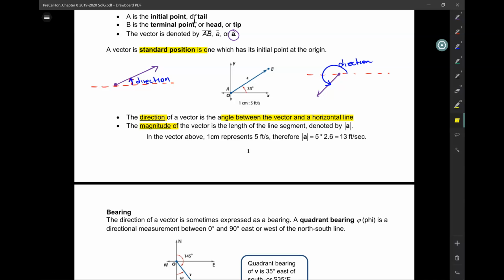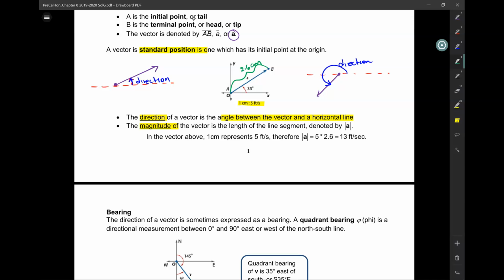So in this diagram, the scale factor is that 1 centimeter is 5 feet per second. So if I were to take a ruler and measure this, it's 2.6 centimeters.